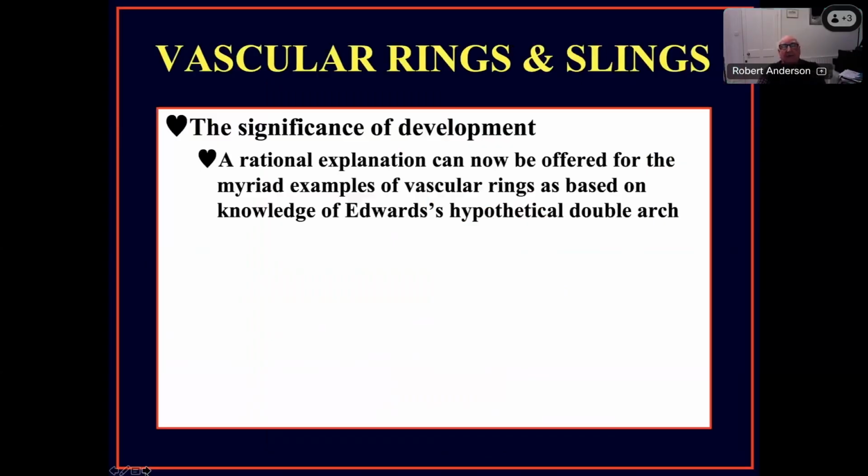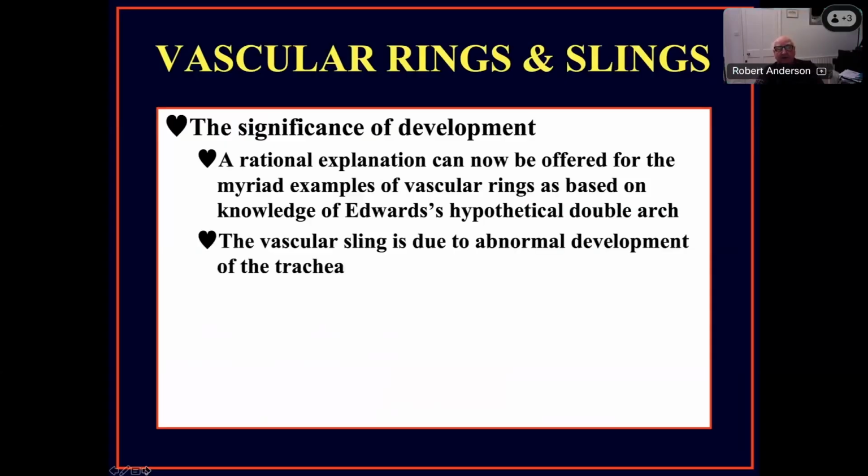So, ladies and gentlemen, what I hope I've been able to do is to provide you with a rational explanation as to how all of those vascular rings can be based on the knowledge of the Edwards hypothetical double arch. I've shown you only 1 or 2, but the myriad variations can be interpreted on this basis.